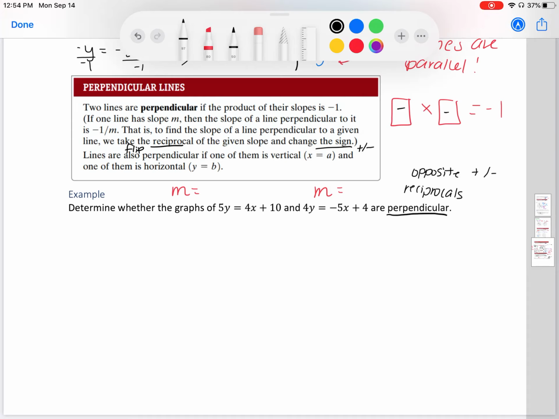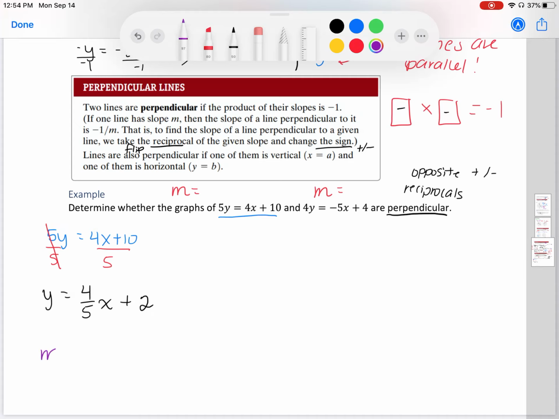Okay, I don't know what slopes we have, so let's figure that out. So for our first one, we have 5y is equal to 4x plus 10. Let's solve for y. So let's divide by 5, and we're left with y is equal to 4 over 5x plus 10 divided by 5, 2.